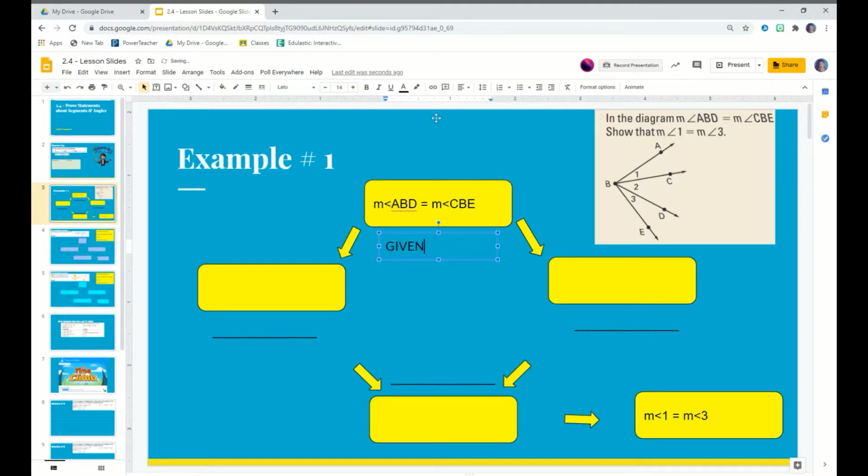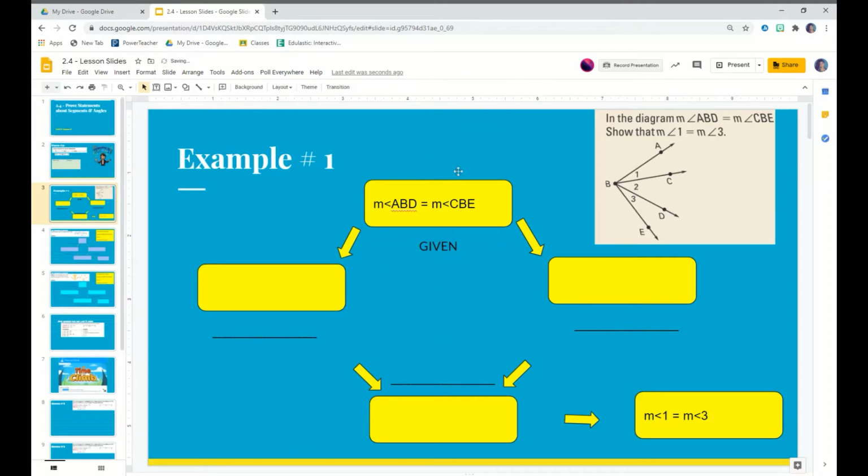And I know I'm always going to start with my given information. So the measure of ABD is equal to the measure of CBE. And my reason for that is going to be given. That information was given to me by the problem.